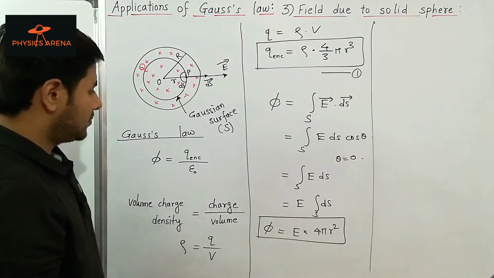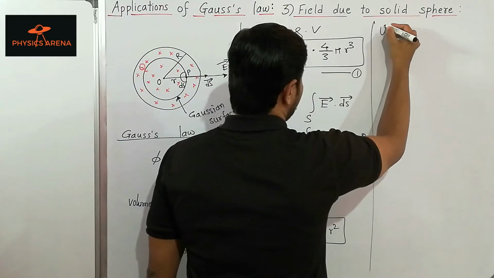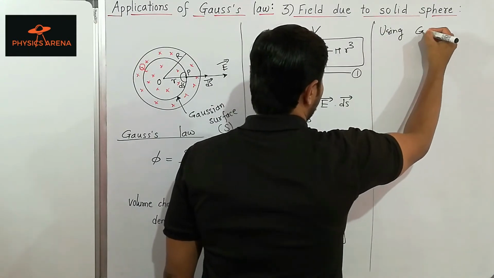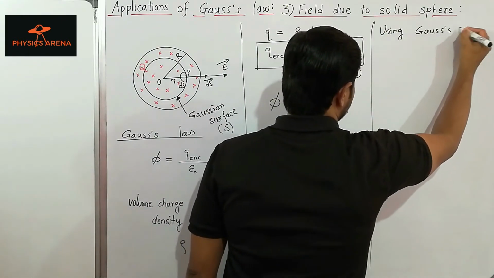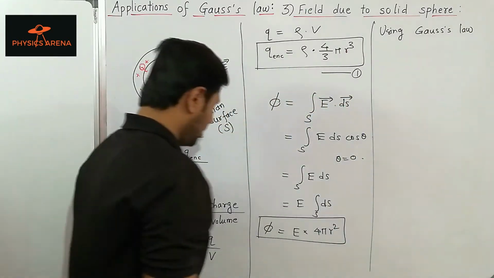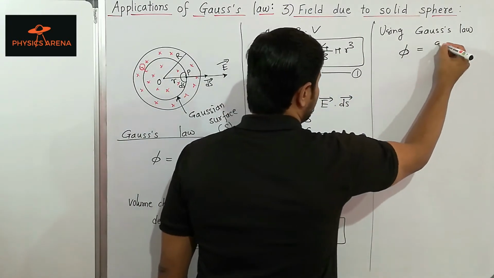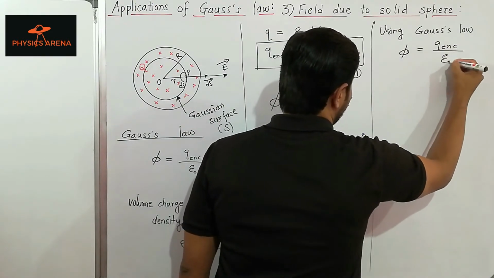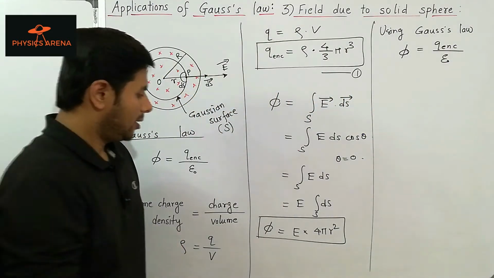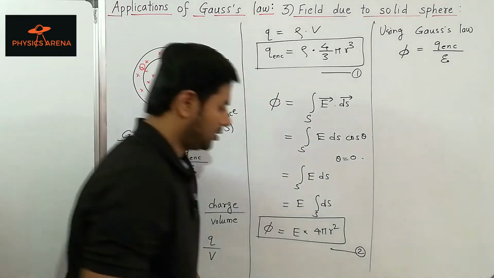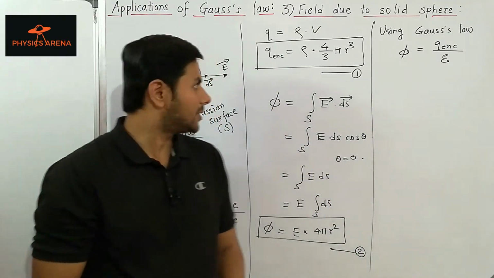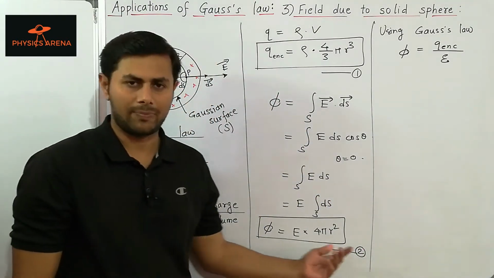Then let's use Gauss's law. Using Gauss's law, what we can say is phi is equal to charge enclosed divided by epsilon naught, and we have found the charge enclosed as well as the flux.